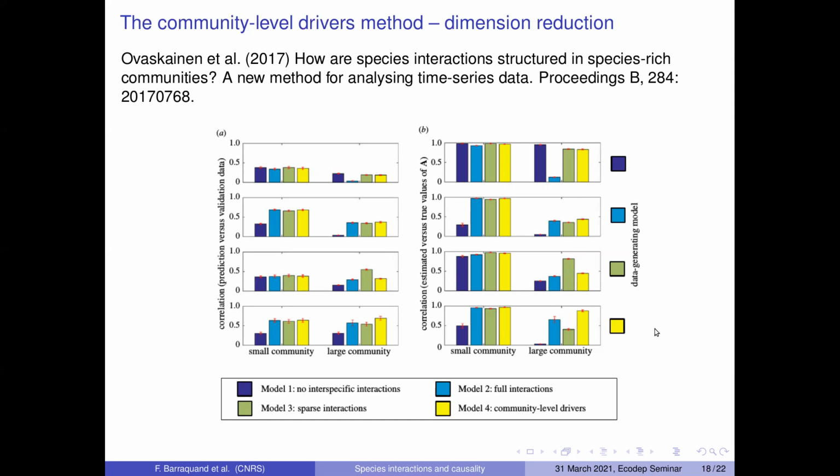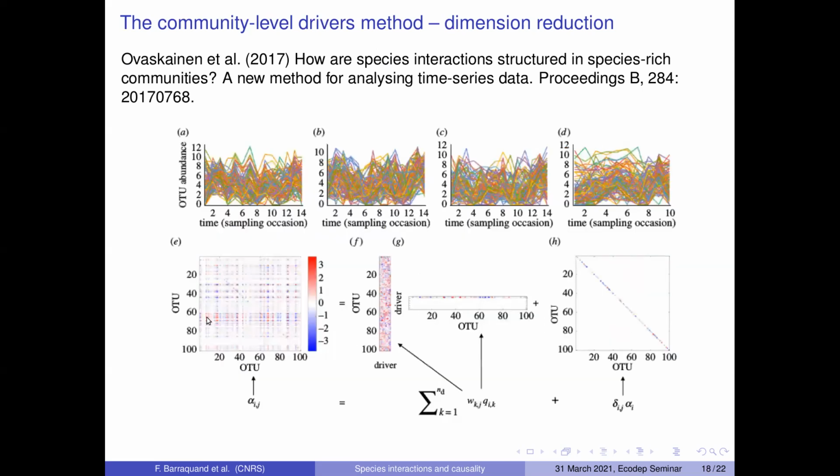So if we assume that what they've proven with simulation is approximately okay to be applied in real life, then they have identified that their data set was better represented by community level drivers. So a low rank representation of the matrix.